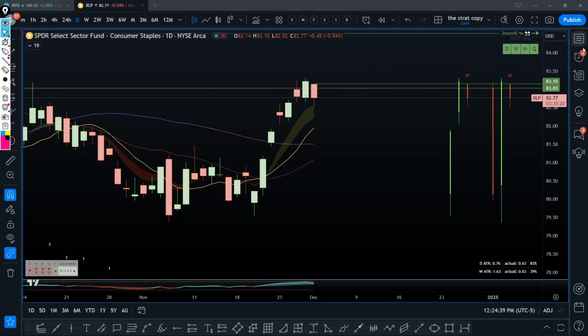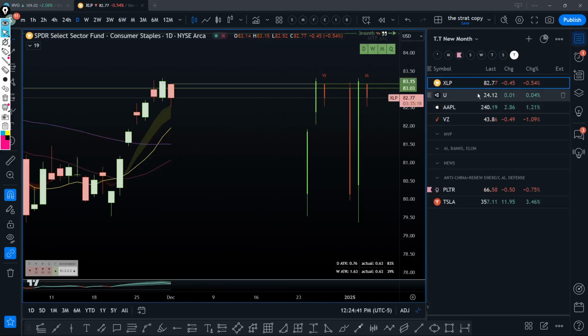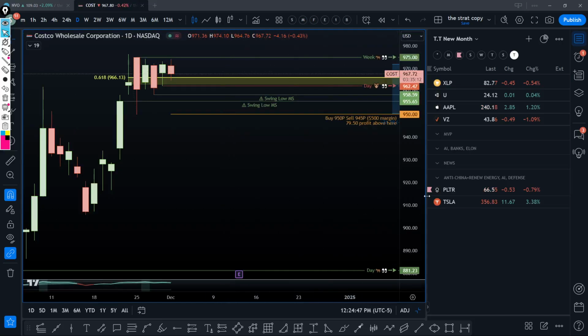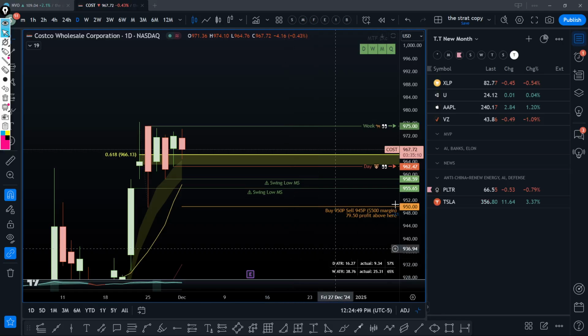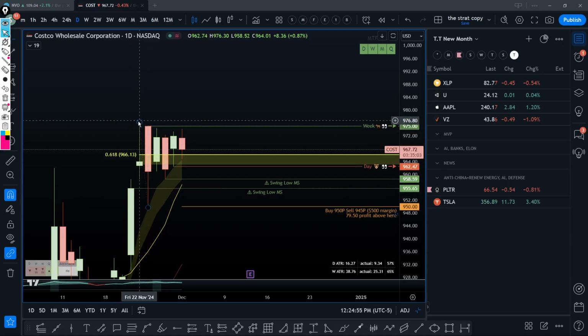And one of the all stars, just to drive it home from XLP, will most likely be Costco, which is the greatest consumer staple. What I'm looking at on Costco is for it to use this golden zone here, which is basically a retracement from this swing high to this swing low.